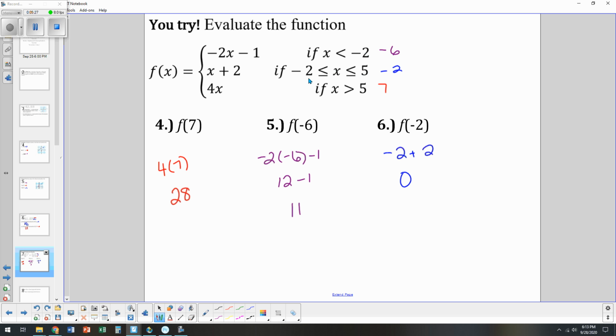Notice that both of these had the -2 in them, but this is the one that had or equal to, so that is why we plugged -2 into that middle expression.